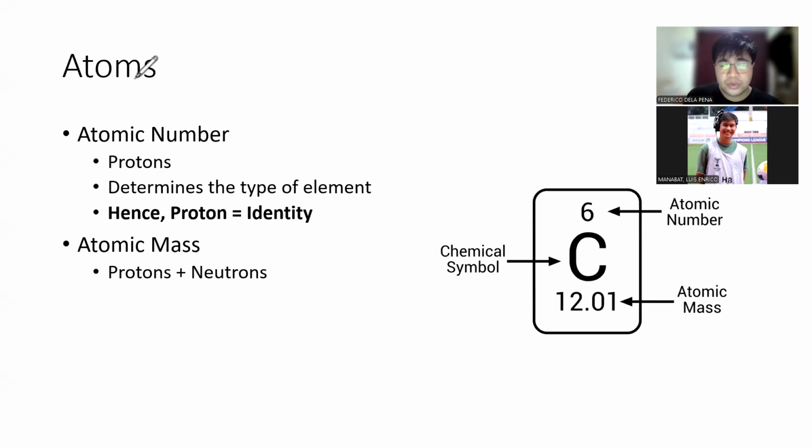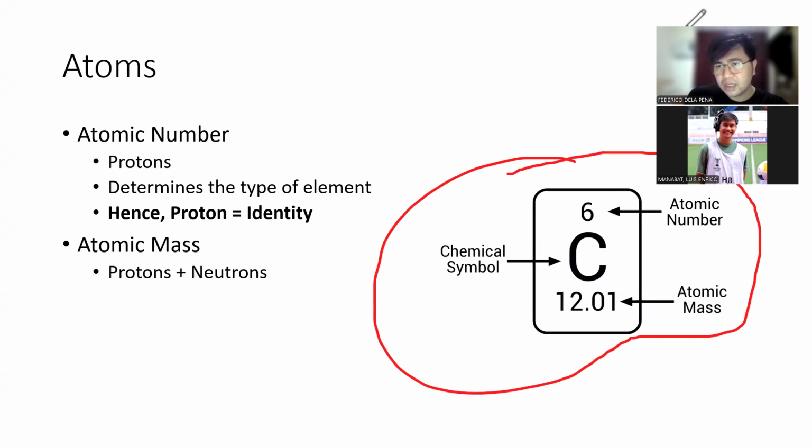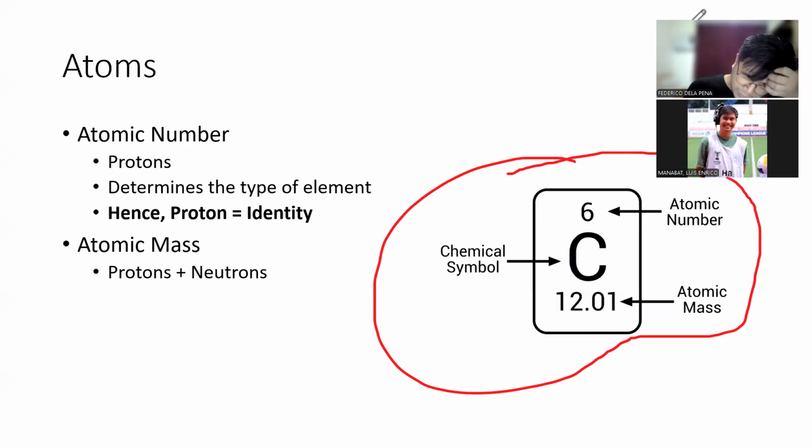Before we start, we have to have a refresher on atoms. Atoms, usually represented in this format, comprise the matter in the universe, and we have different elements, and each element will have an atom.